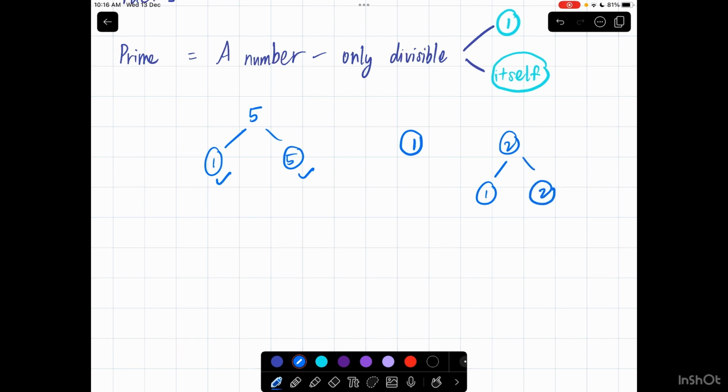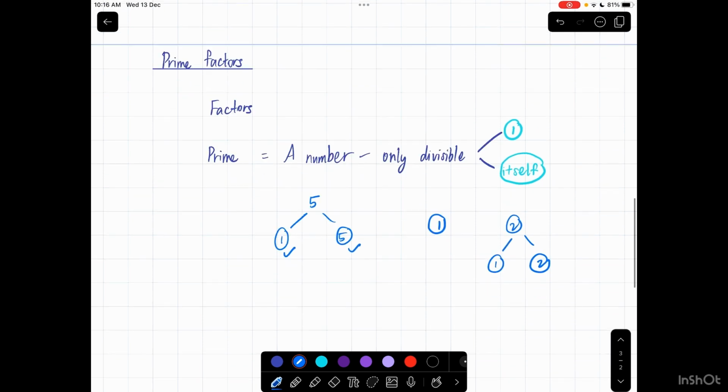So by definition, 2 is a prime number. And 2 is the smallest prime number you can ever have, the lowest possible prime number in existence. And that's the meaning of prime.